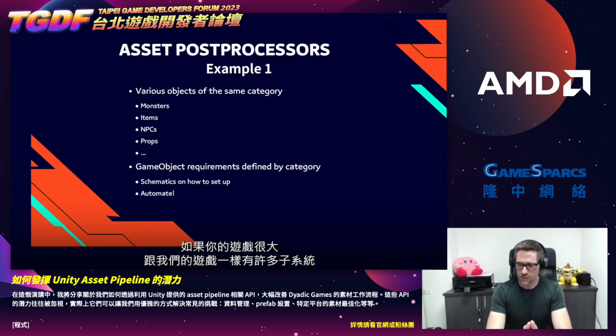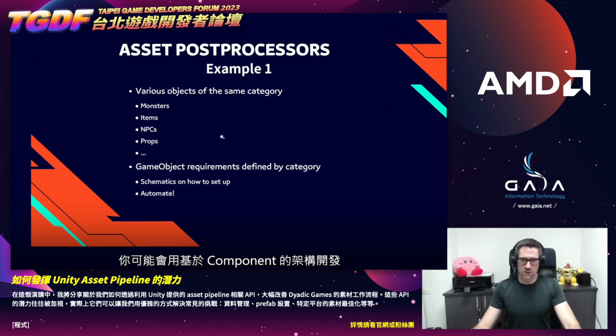And if your game is as huge as ours and has a lot of subsystems, you might choose a component-based architecture, which means all of these different objects have a lot of components attached to interact with these different systems.